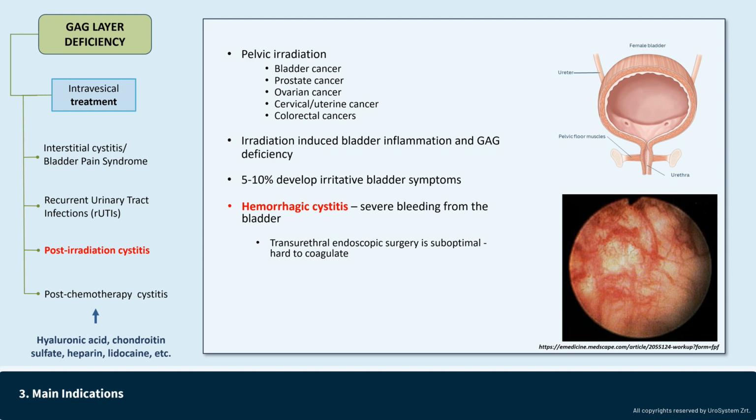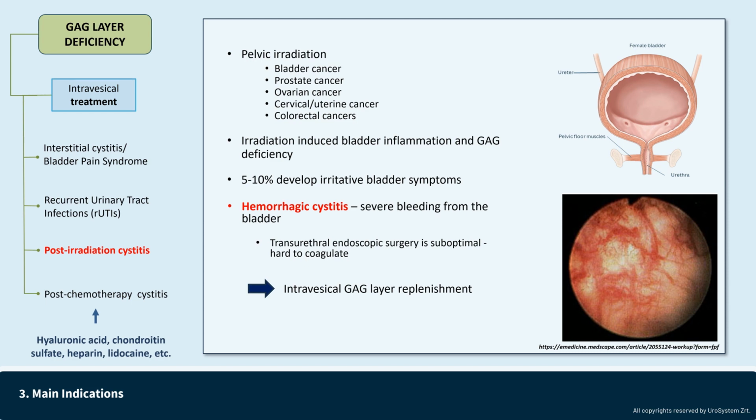And while this is relatively simple in case of a bladder tumor, where the bleeding is localized to a smaller area, the surgery might become extremely challenging in the case of hemorrhagic cystitis, where the entire bladder wall is affected and often the surgical procedure itself triggers new bleeding areas. Therefore, treating post-irradiation or hemorrhagic cystitis and preventing the need for surgery is very beneficial for both the patients and their doctors, urologists or oncologists.